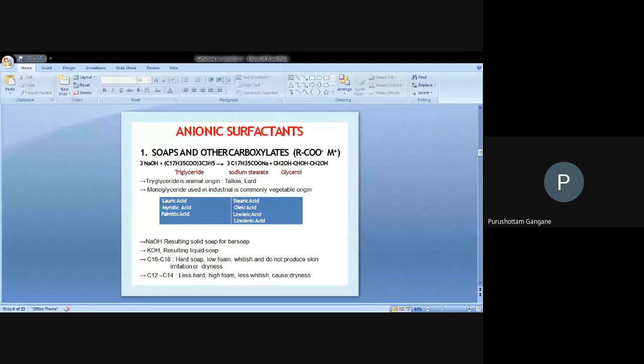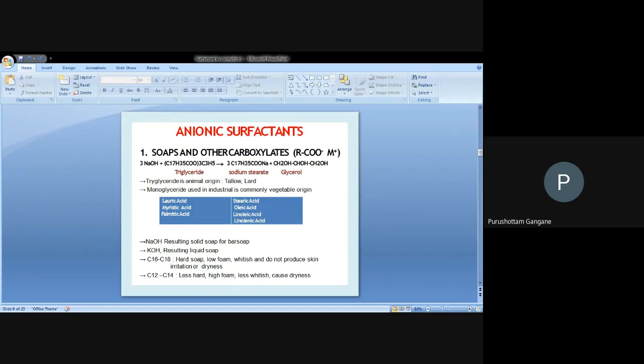Sodium hydroxide and potassium hydroxide. These alkalis are most popularly used to prepare soaps, or anionic surfactants. When sodium hydroxide is used, it produces solid soap, and when potassium hydroxide is used as the alkali, it produces liquid soap.